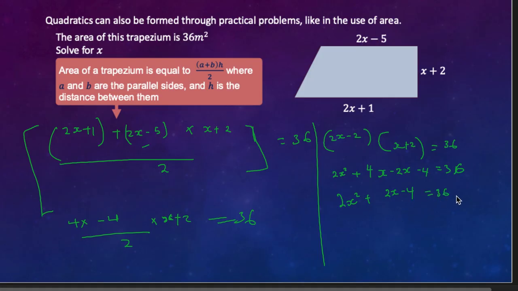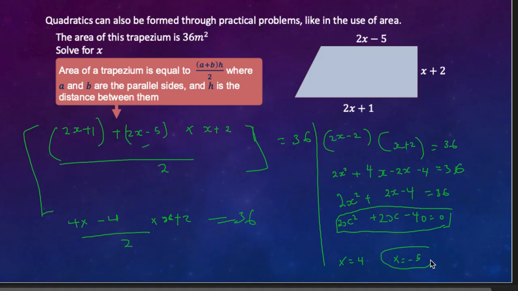Making sure that it is a quadratic with a 0 after the equal sign will give us 2x squared plus 2x minus 40 equals 0. Now at this stage, I would like to leave some homework for you to apply factorization and solve this equation. One of the answers will be x equals 4 and the other will be x equals negative 5.